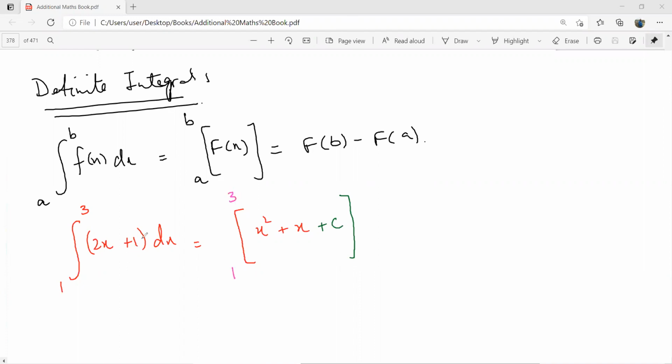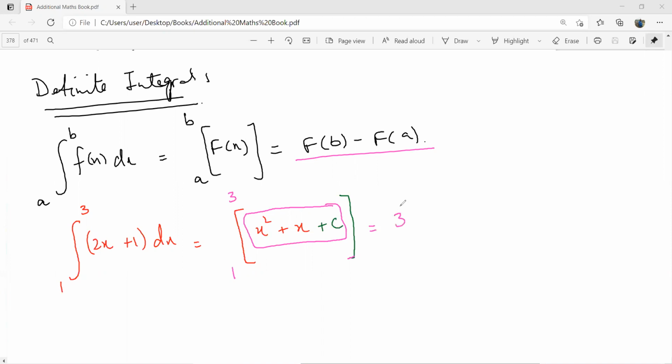The first thing that you need to see is that once you're done with the integration, you will change all these integration signs with the square brackets here, okay? And now you will be applying the limits. So this is your f of x over here. You have to apply this rule over here. So first of all, you will find f of 3.